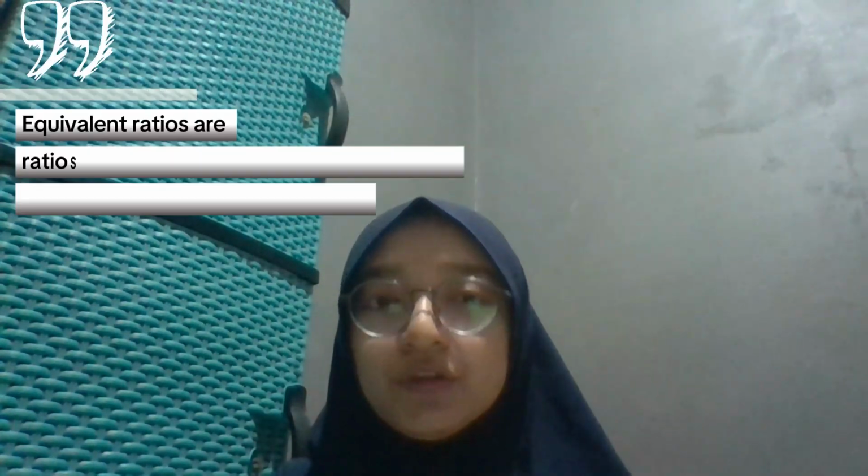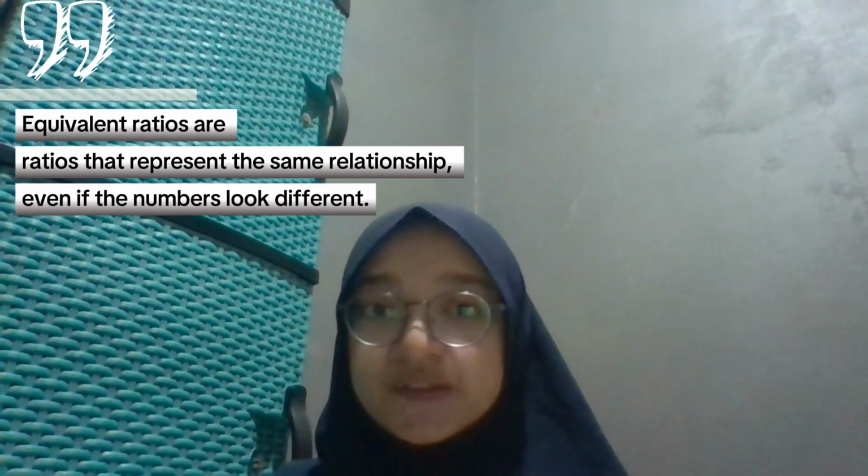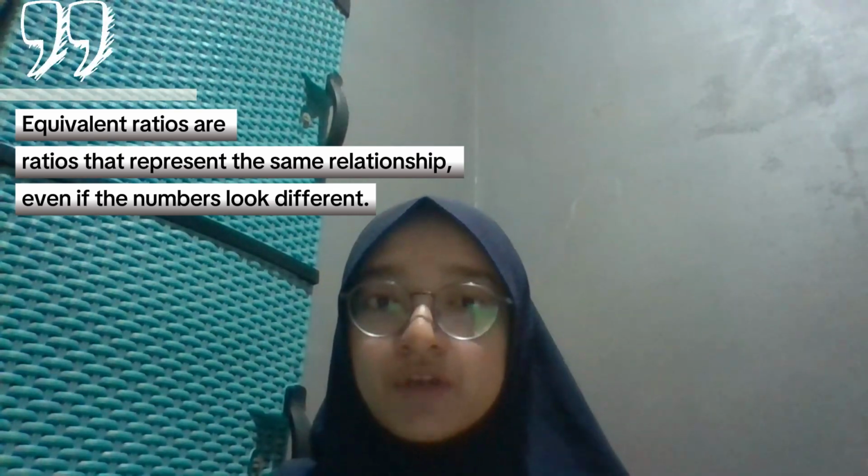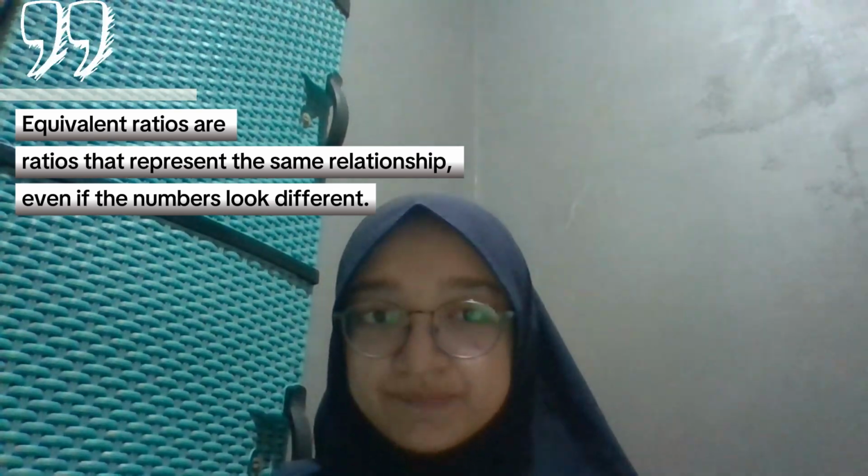Move to equivalent ratios. Equivalent ratios are ratios that represent the same relationship, even if the numbers look different. Okay, now how do we make an equivalent ratio? We can multiply or divide both numbers by the same number. For example, start with 2 to 3.